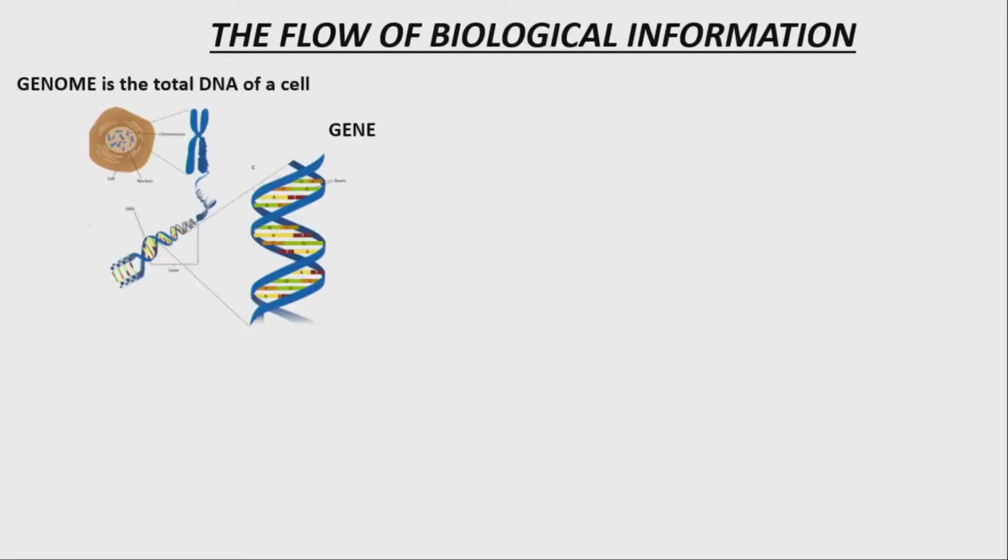In order to talk about omic approaches, we have to briefly remember the flow of biological information of a cell. The genome contains all the information of cell life. Genome is the total DNA of a cell, and inside the genome we have several genes that are sequences of DNA that contain information for the synthesis of protein.